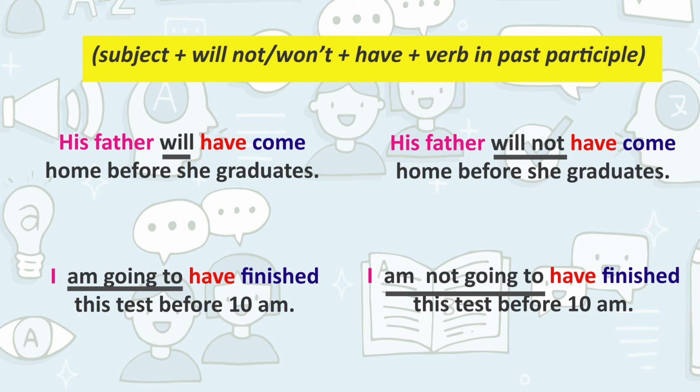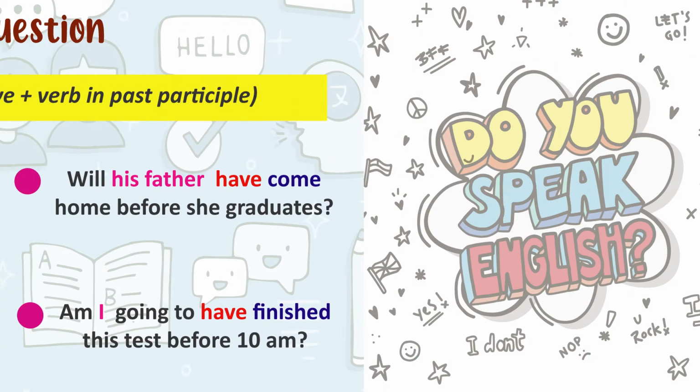I can use be going to as well in negative. Sure, I'm going to have finished this test before 10 a.m. or I'm not going to have finished this test before 10 a.m. So there we have the uses in negative sentences using won't or using be going to in the negative form.